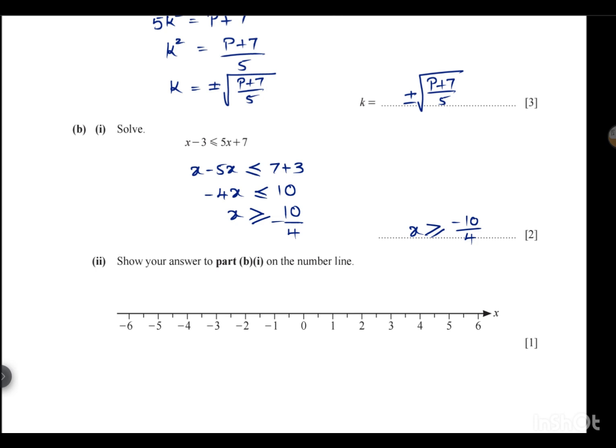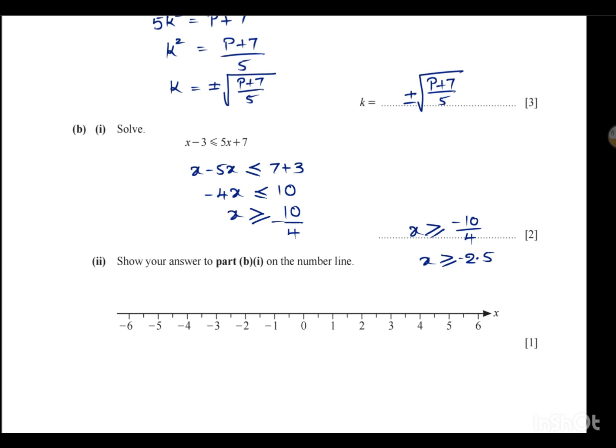Question 2. Show your answer to part B1 on the number line. Now 10 by 4 can also be written as x greater than or equal to minus 2.5.